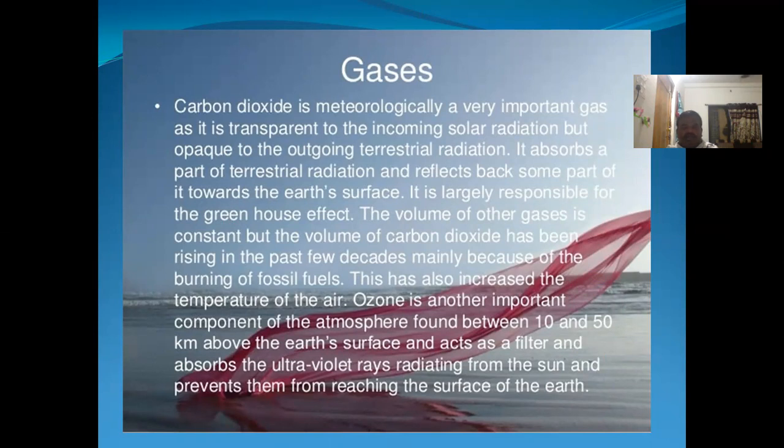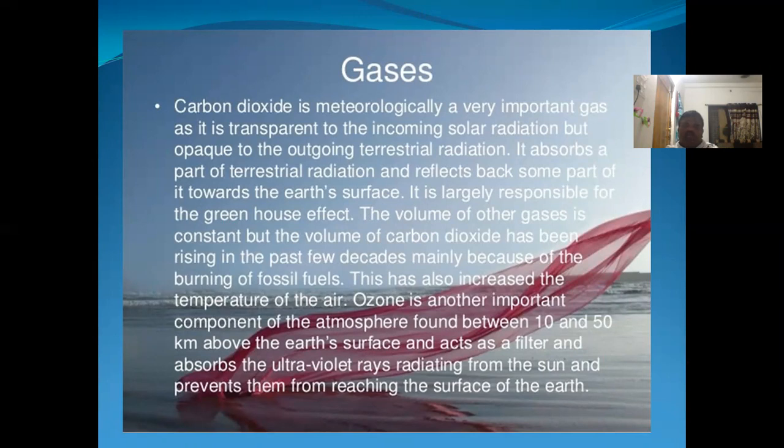That means when the solar radiation is coming to the surface of the earth, it is transparent to the incoming solar radiation but affects the outgoing terrestrial radiation. It absorbs a part of terrestrial radiation and reflects back some part of it towards the Earth's surface. It is largely responsible for the greenhouse effect.